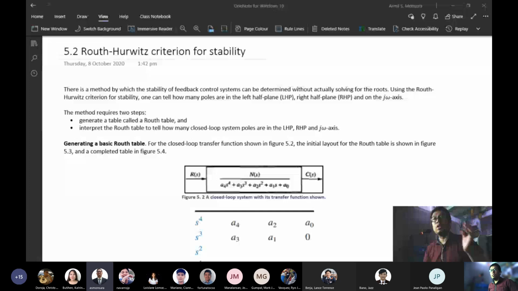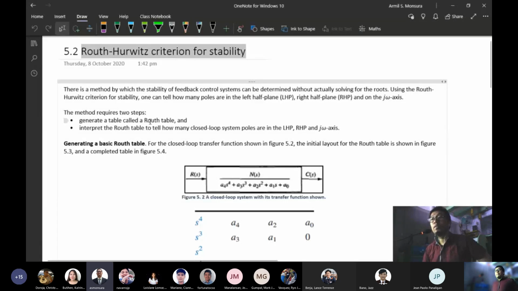The method requires two steps. Number 1, we need to generate a table called the Routh table. And number 2, interpret the Routh table to tell how many closed loop poles are in the left half plane, the right half plane, and on the j omega axis.